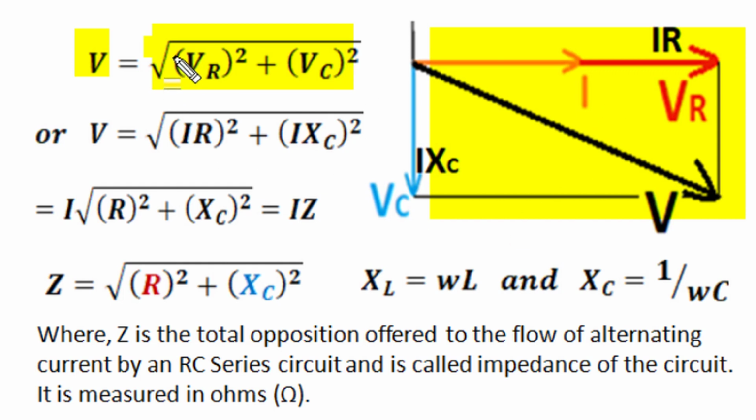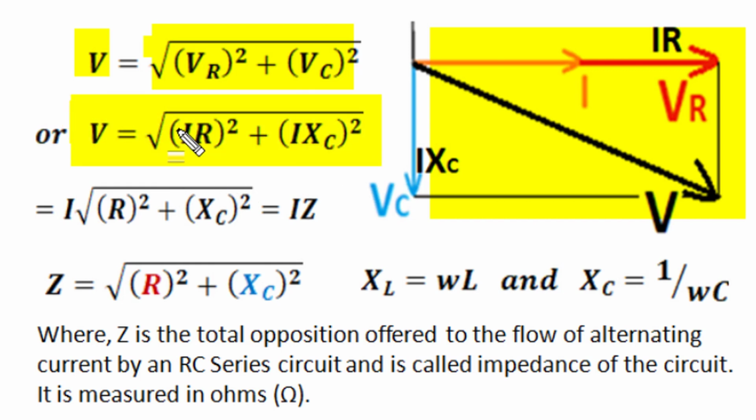In place of VR we can write IR, where I is the RMS current of the circuit and R is the ohmic resistance value, and voltage across resistance is I times R. Similarly, the RMS value of capacitor voltage is RMS current multiplied by capacitive reactance, and when VR is taken as IR and VC is taken as IXC, the total supply voltage can be written like this.